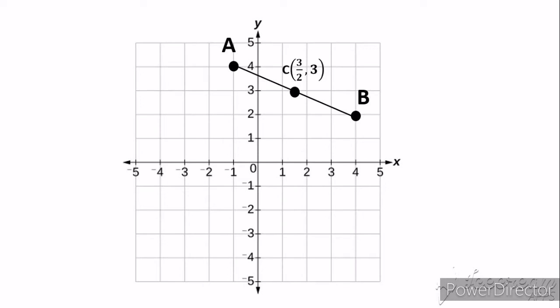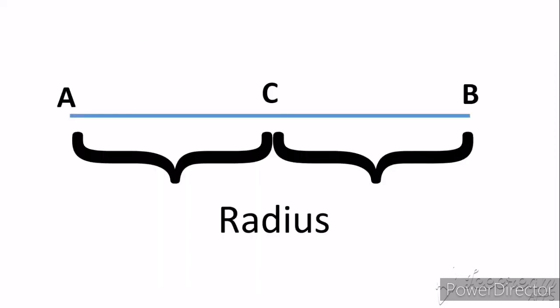It will be a lot easier for us now to find the radius in this problem, since we already know our center. Recall that when we say radius, it means from center to any point of the circle are all equal. So looking at our line, we could solve for the distance.